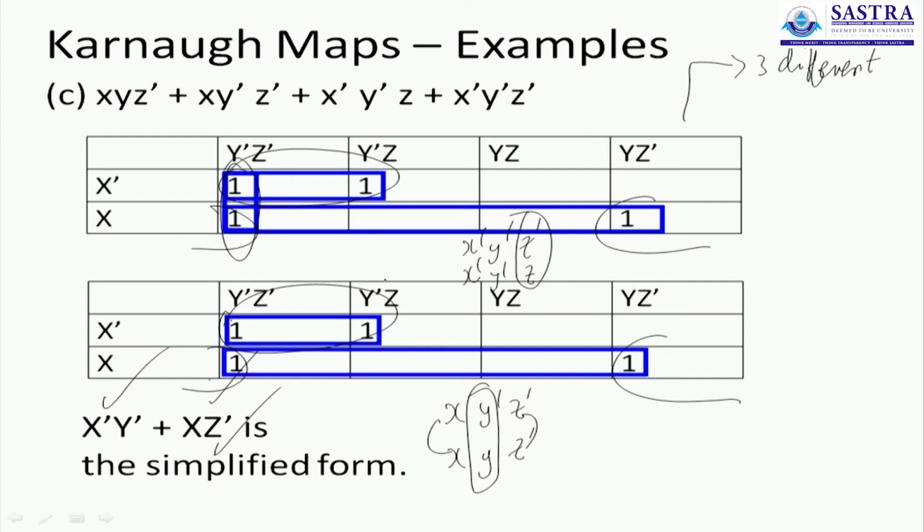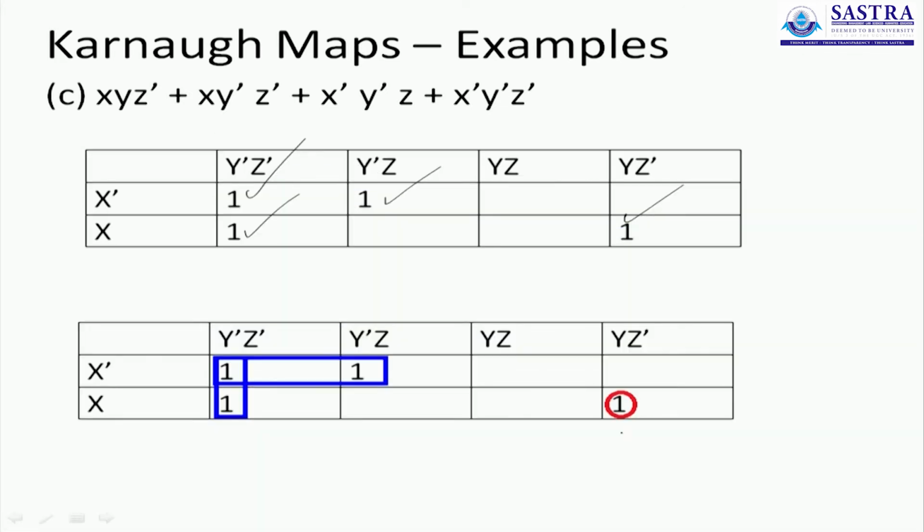I can't have 3 different loops. That's not all right. Because if I am able to do it in fewer loops, that is what I should prefer. Or worse, I can't have a grouping like this. Look at the grouping. I have 2 loops and one isolated one. In fact, this one, as we saw before, can be looped with the one here.